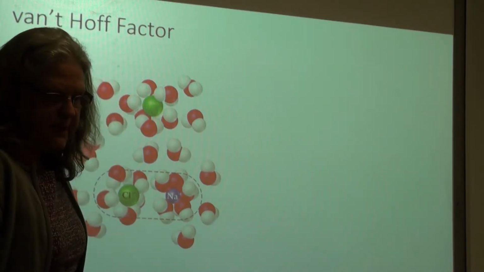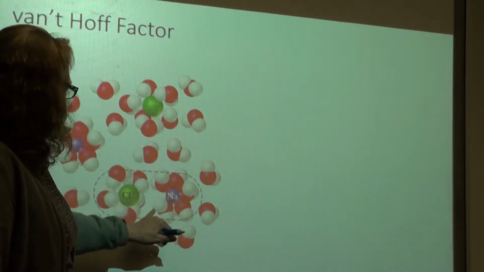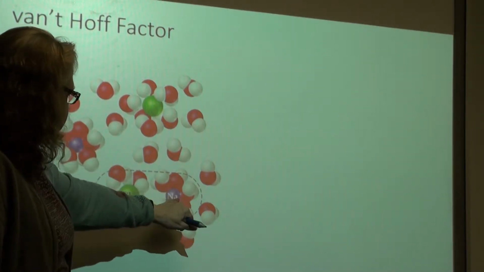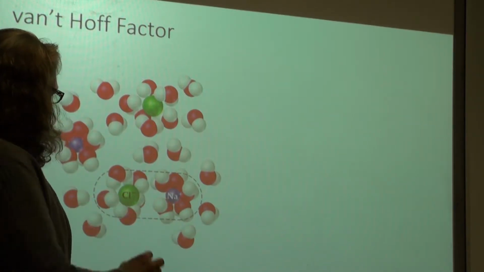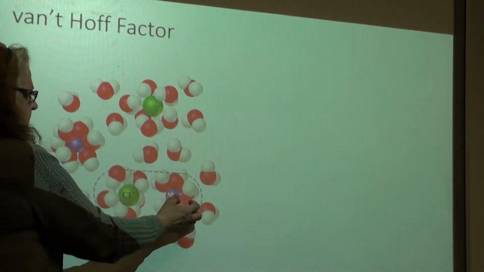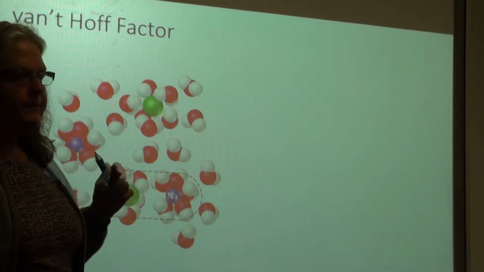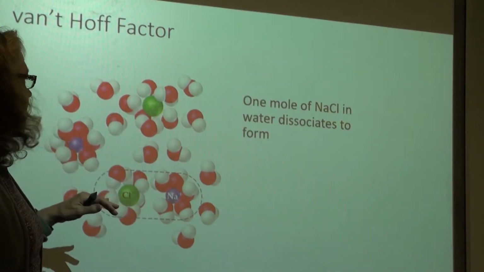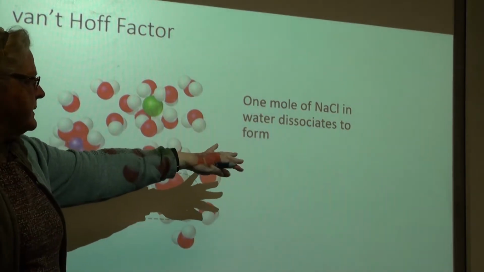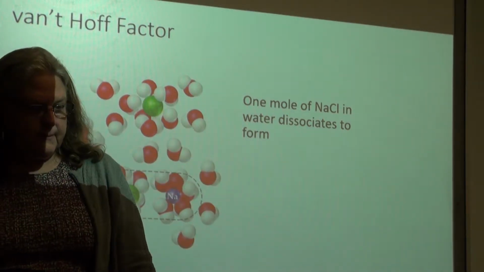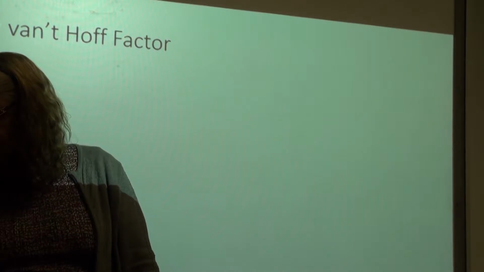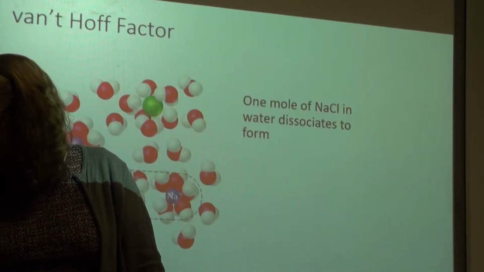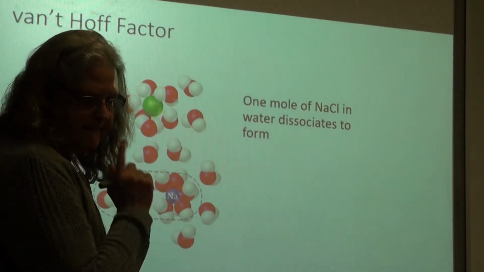We looked at sodium chloride before, all right? So sodium chloride gets broken apart into sodium ions and chloride ions, and they're showing me all the little water molecules surrounding them as they get broken apart, all right? And so the idea here is 1 mole of sodium chloride, when I put it in water, it dissociates to form what?